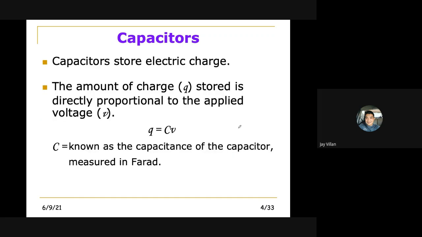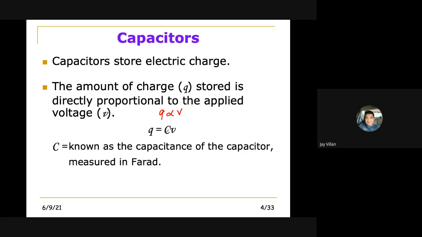The amount of charge you store is directly proportional to the applied voltage. This is basically the foundation of your capacitor: Q is directly proportional to the voltage. The higher the voltage placed on either plate of the capacitor, the more charge there is.